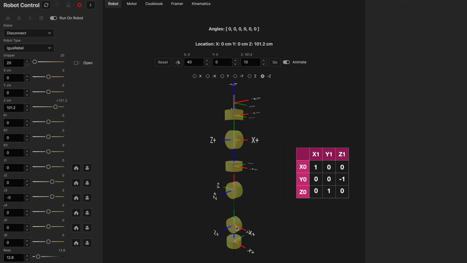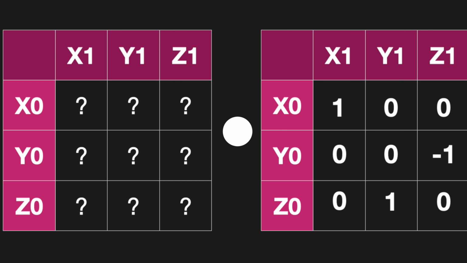If I were to change any of those angles, let's say I took joint 2 and set it to 25 degrees, then we need to take that angle into consideration. In order to do that, we need to apply something against our currently defined rotation matrices. The way we do this is we can actually take a dot product. We can multiply the rotation matrix that we have defined by the rotation around the axis upon which it rotates.